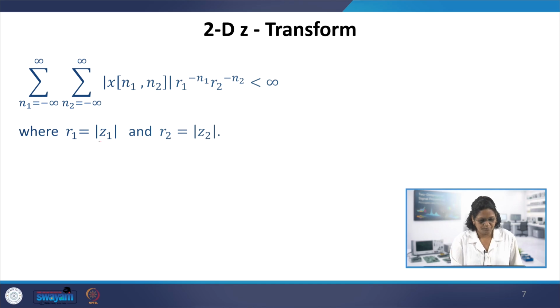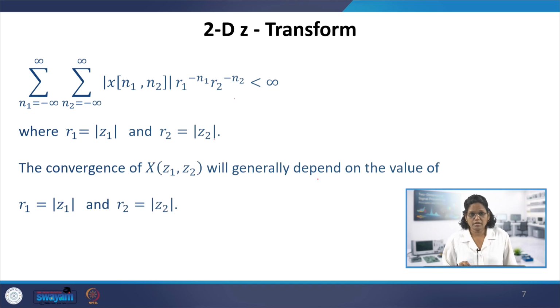So r1 is the magnitude of z1 and r2 is the magnitude of z2. The values of r1 and r2 are defined from the z1 and z2 here. So for convergence, it needs the absolute summability of x of n1, n2 into r1 power minus n1, r2 power minus n2. So it generally depends on the values of r1 and r2.